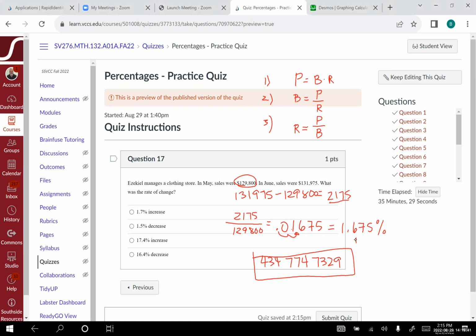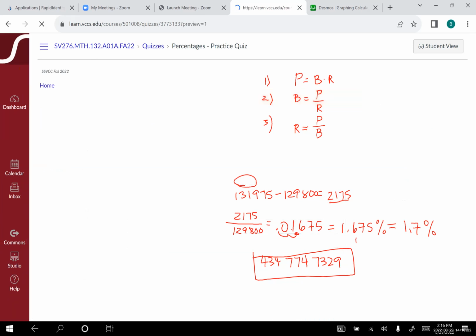So that's going to be 1.7%, right? 1.67 rounds up to 1.7%. All right, and that is that.